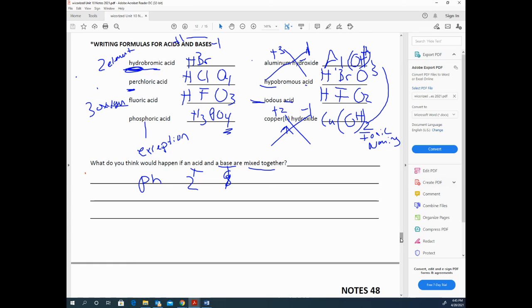As I mix them together, they're going to get closer to a neutral pH. It's called neutralization. If I mix an acid with a base, they neutralize each other. If you put equal amounts of each, they'll be completely neutral and won't be acidic or basic anymore. It'll just be a neutral solution.